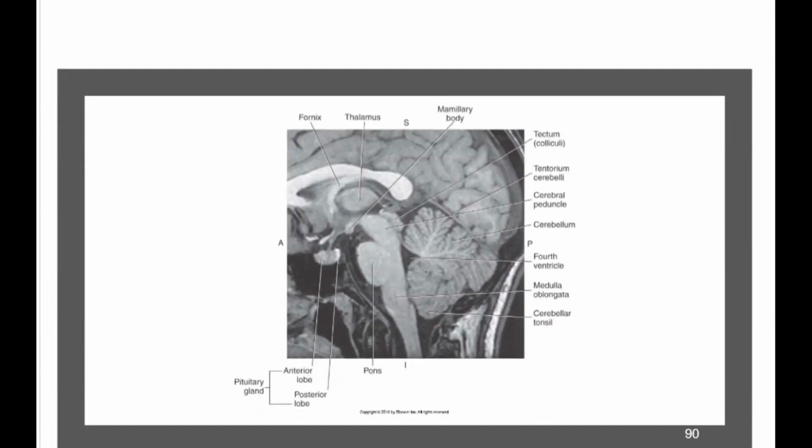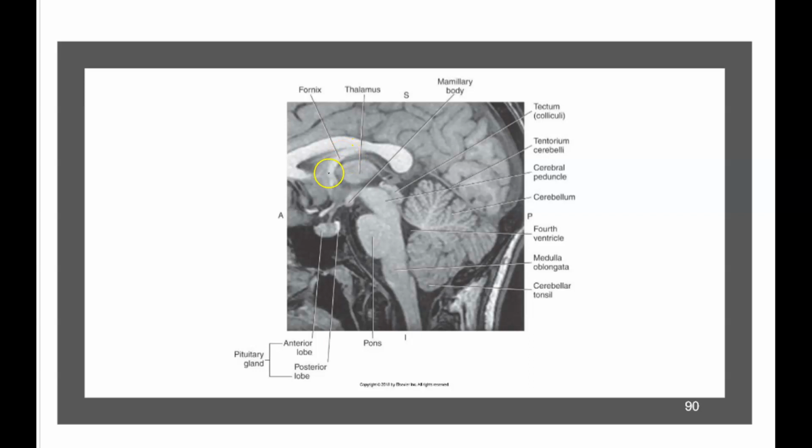So good sagittal image. And we've got the fornix, the thalamus, mammillary body. Right here is your tectum. We've got your cerebral aqueduct coming down, your cerebellar peduncle, your cerebellum. Here's your fourth ventricle, your medulla oblongata, so midbrain, pons, medulla oblongata. Third ventricle, cerebral aqueduct, fourth ventricle, okay?